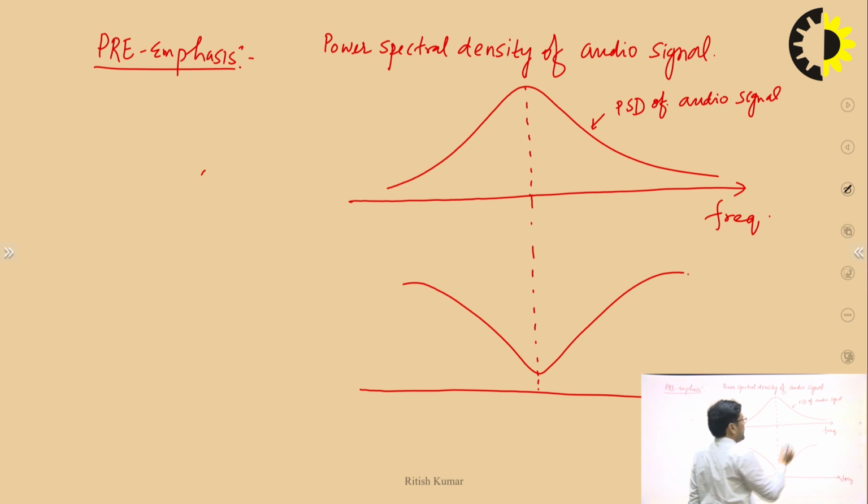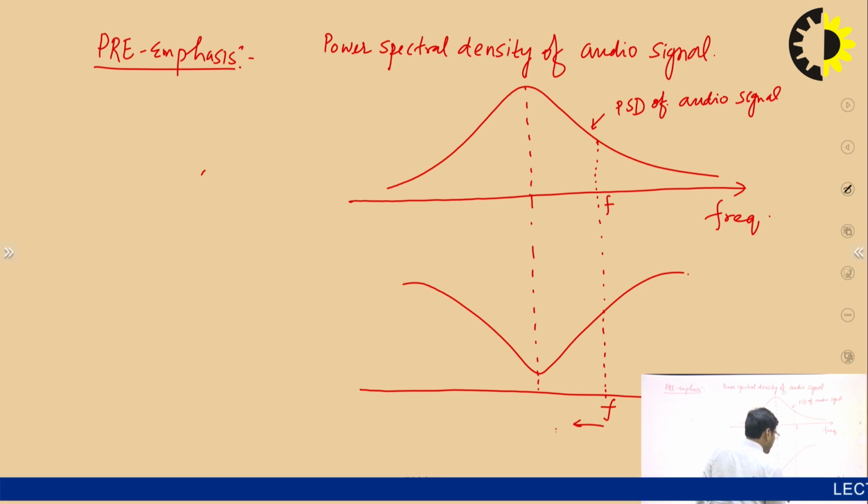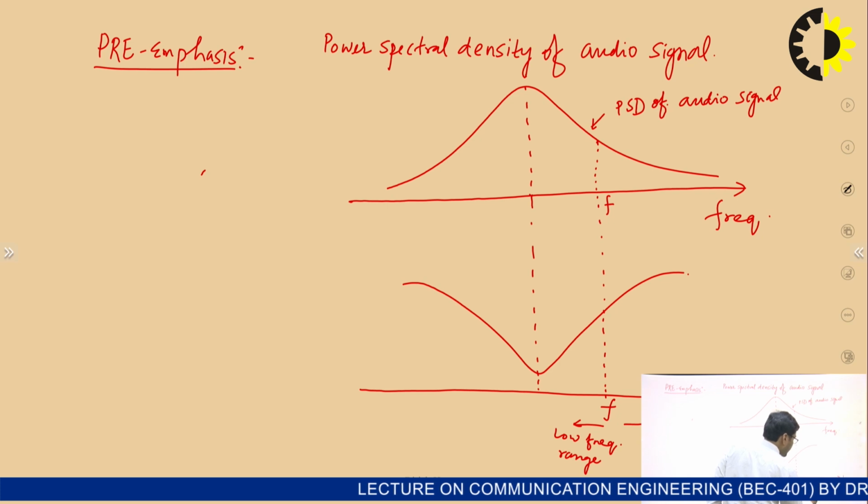If I treat a certain threshold level f, below f is known as the low frequency range, and after f is the high frequency range.